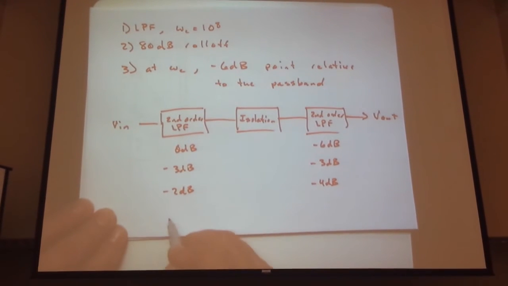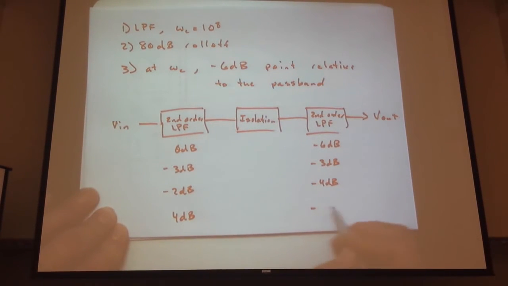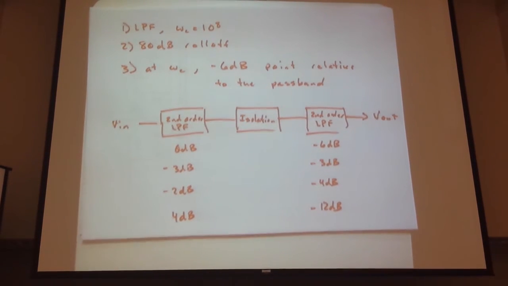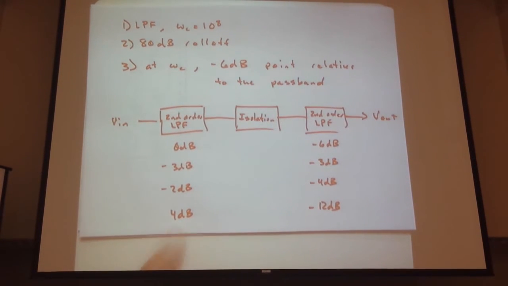And if we really felt like being stupid, 4 dB and minus 12 dB. This guy would have to be overdamped, and then this guy strongly underdamped, and it would look a little bit messy.